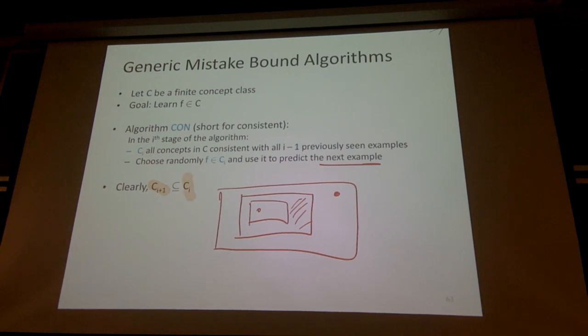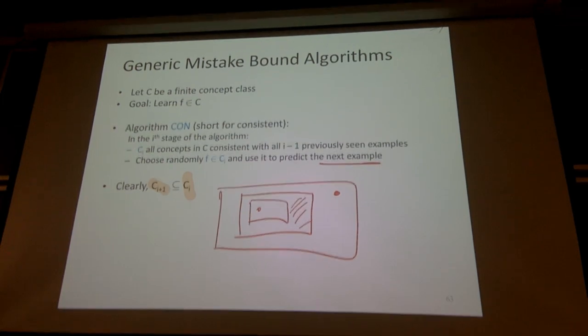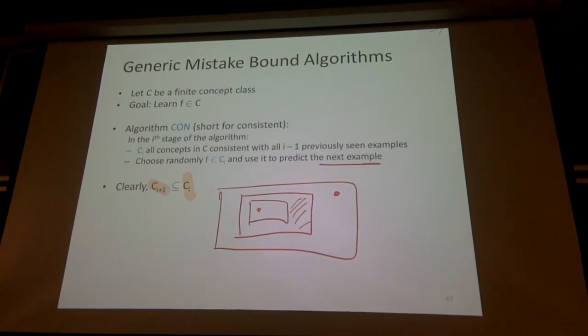Either it has removed some functions because they made mistakes, or it did not make a mistake and it just didn't make any edits. Now keep in mind, we don't penalize the algorithm for not making mistakes. Our goal is only to count the number of mistakes. So the number of times it becomes a strict subset is exactly the same as the number of mistakes it made.